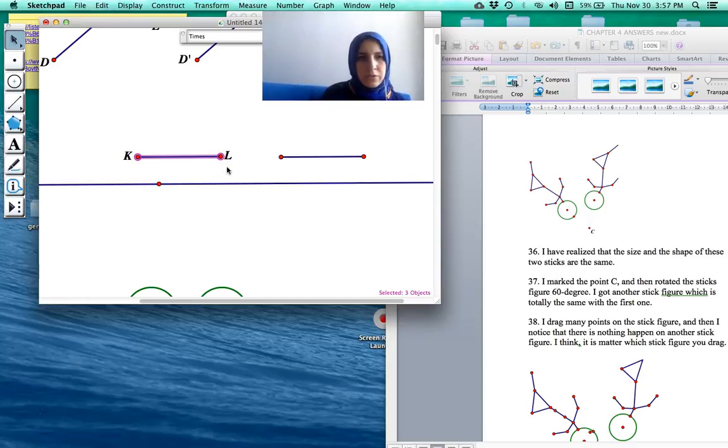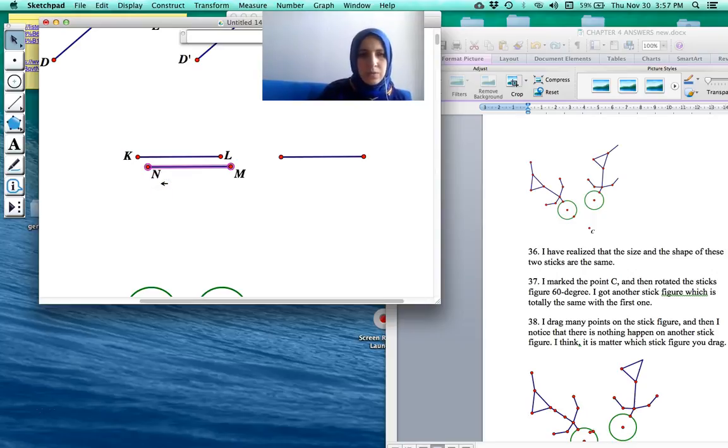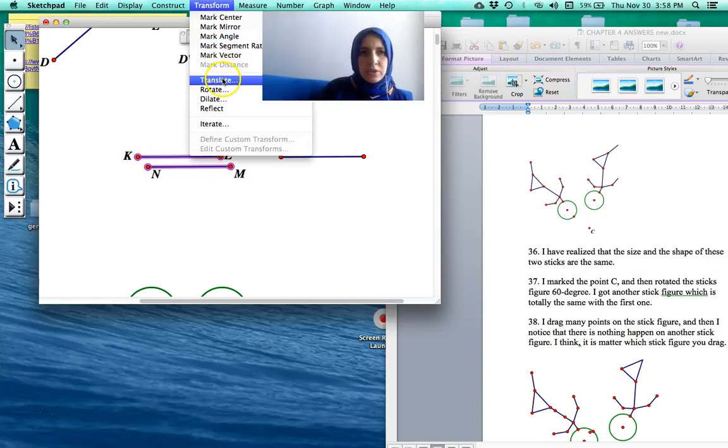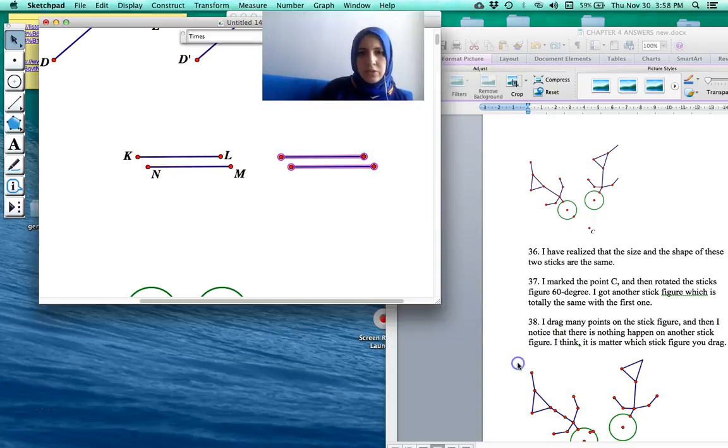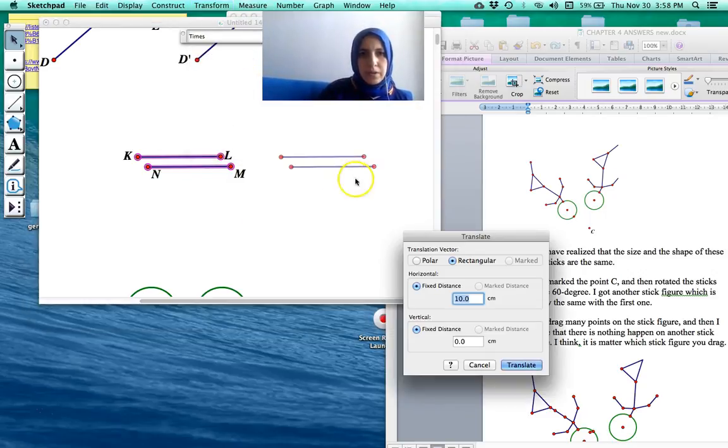And this is the parallel of one, and pick two of them and then translate it. And there is just all of them, and go to the transform, and yes, two of them are translated.